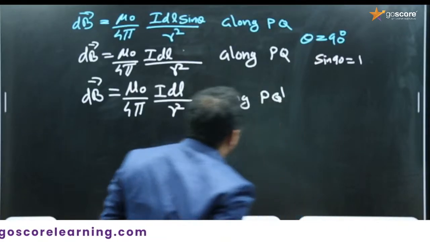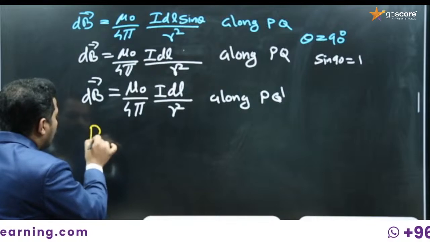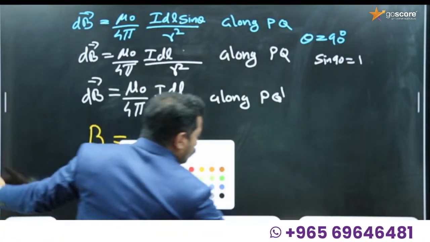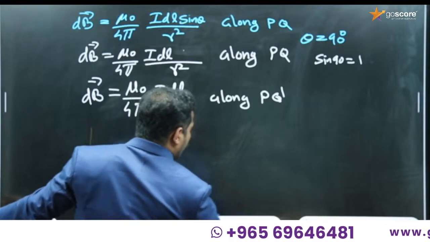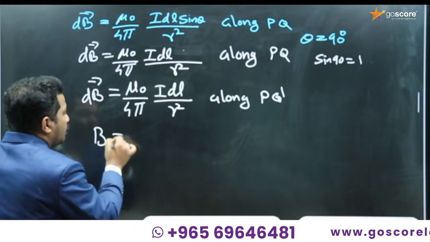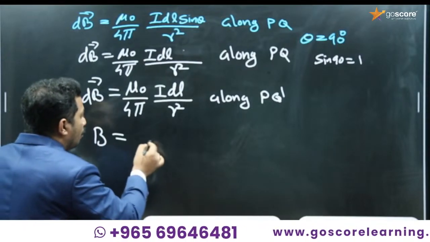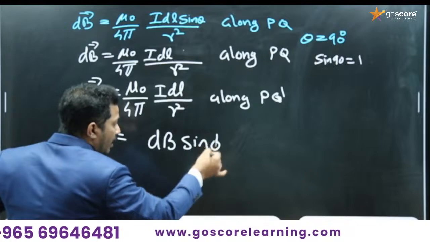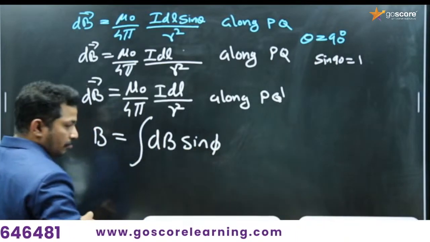So what will be the resultant magnetic field? I wish to write B is equal to the integral, which is due to the sine component. What is the sine component? dB sin phi, right? We should integrate it.